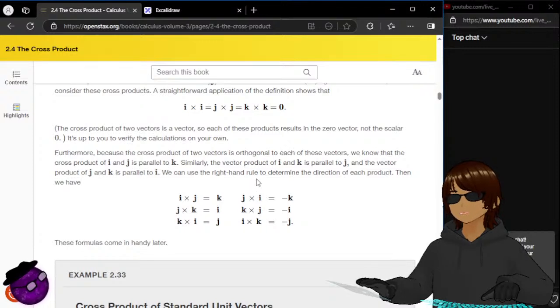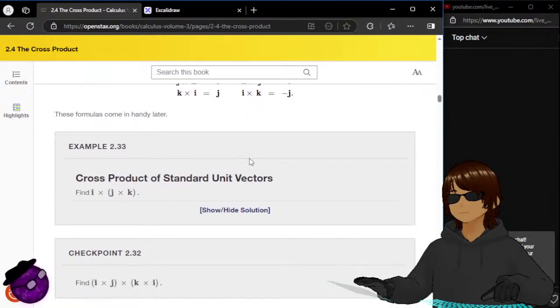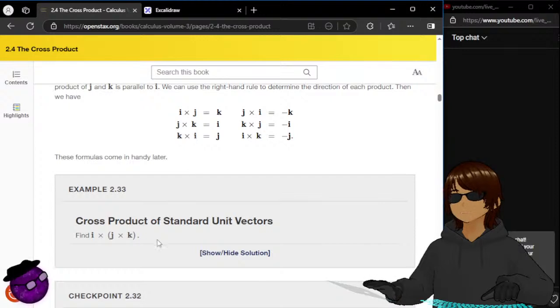We can use the right hand rule to determine the direction of each product. So for the cross products of standard unit vectors, j cross k gives i, and i cross i gives 0.